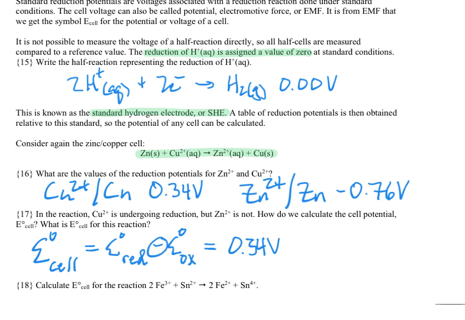I know that can be kind of confusing, but here's essentially what we do: we're going to go ahead and add to this value the opposite value of the reduction for the zinc 2, namely positive 0.76 volts. So let's not get confused. You'll have the reduction potential that you look up right off of the chart, and then you have to flip the sign to find the actual value of the oxidation for the other half of the reaction. And when we put these together, that's how you get that 1.10 volts.